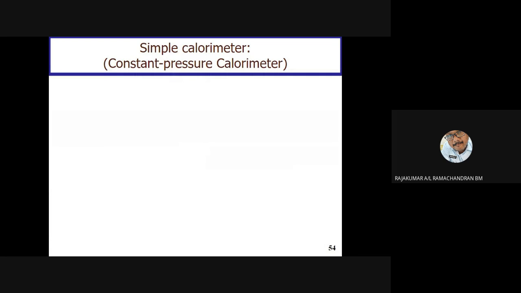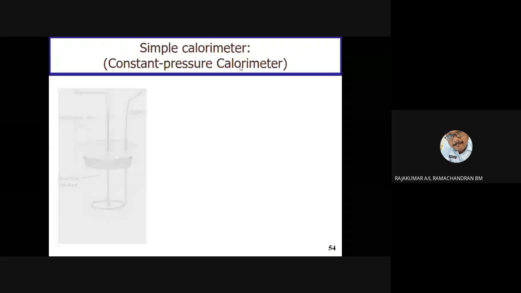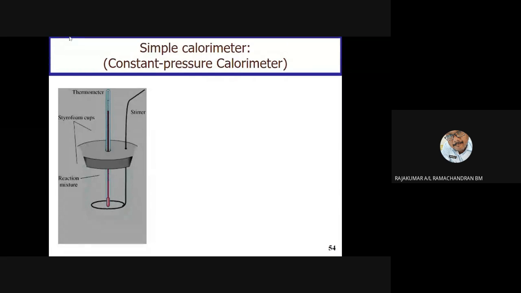Okay, this is simple calorimeter. Kenapa tak keluar ni? Okay, this is simple calorimeter. Tak nampak, sorry, not very clear. But you can refer to your notes.